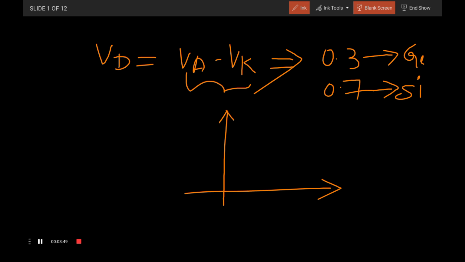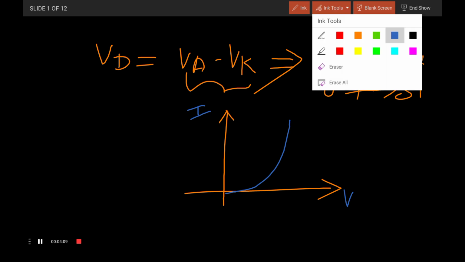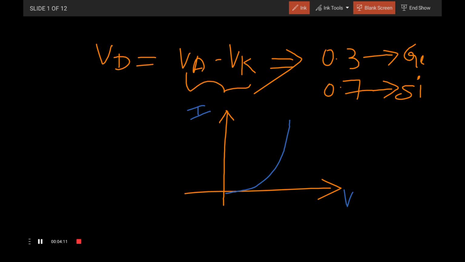This is the VI characteristics of the diode, where the axes represent current I and voltage. After a certain voltage, the PN junction diode, whether silicon or germanium, starts conducting. This is the case for the silicon diode, and this is the case for the germanium diode.